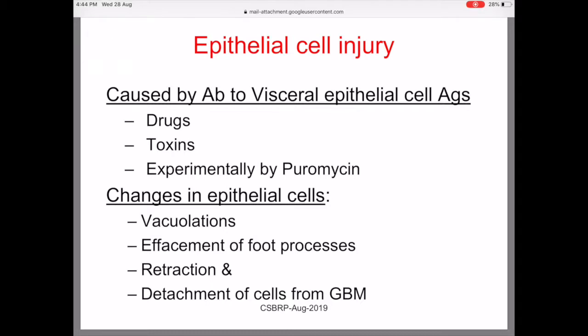Epithelial injury is caused by antibodies to visceral epithelial cells, and the culprits are drugs and toxins. Experimentally, it can be induced by puromycin. Changes in epithelial cells, already I told: vacuolations, effacement of foot processes, retraction of foot processes, and detachment of cells from the glomerular basement membrane.